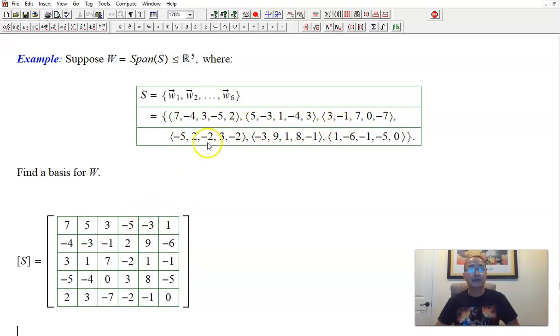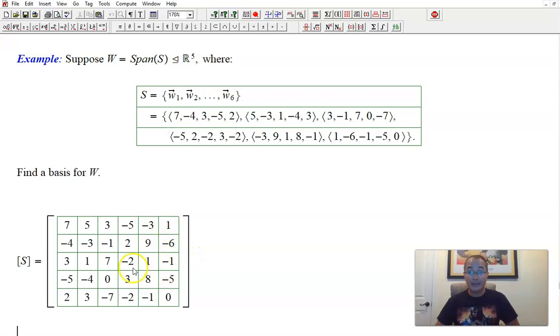Put the 6 vectors as the columns of the matrix. So we get a 5 by 6 matrix. That is an underdetermined system. In this case, it's a homogeneous system because we're testing for linear independence.